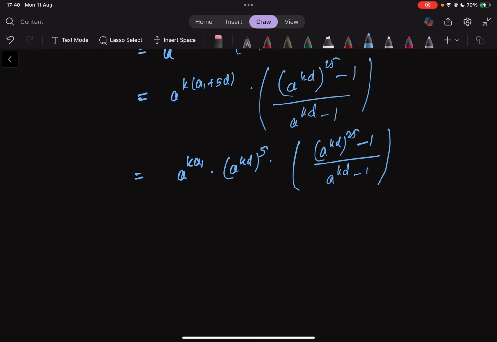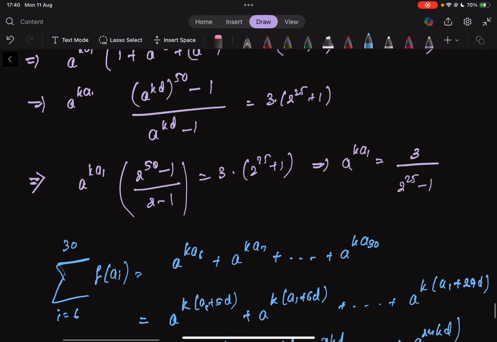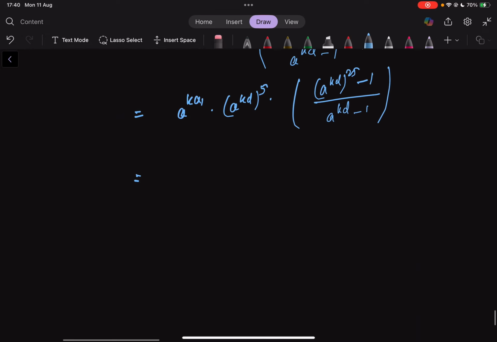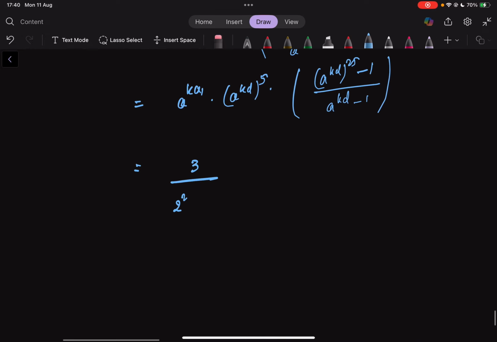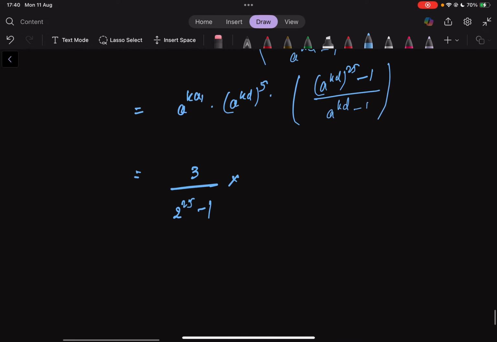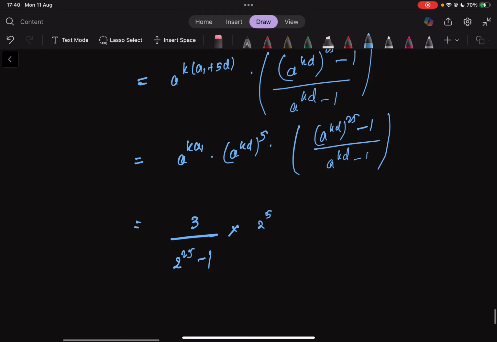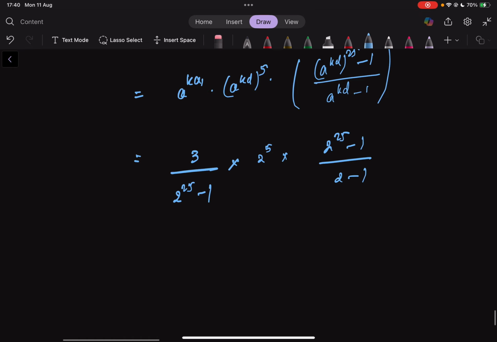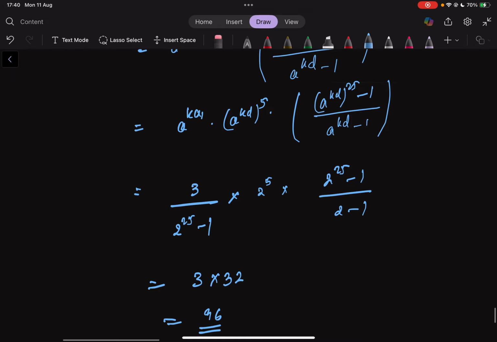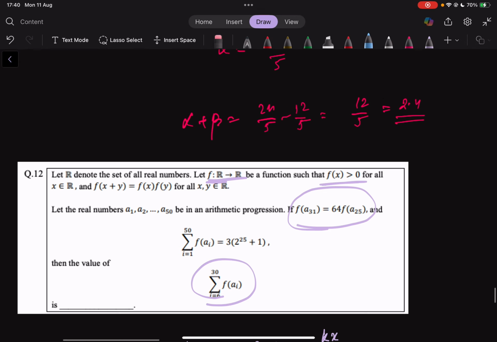Now a to the power kd is 2 and a to the power k a1 we also got. a to the power k a1 is 3 by 2 to the power 25 minus 1, into 2 to the power 5 into 2 to the power 25 minus 1 by 2 minus 1. So that is equal to 3 times 32, which is equal to 96. So the answer for this question will just be 96.